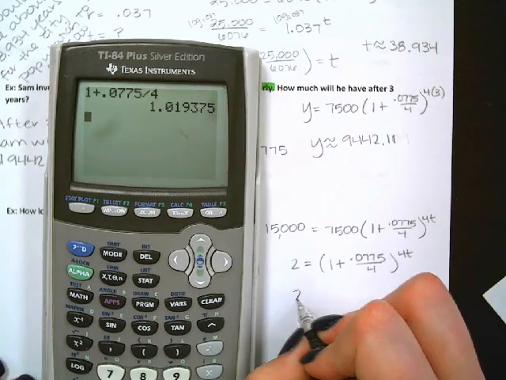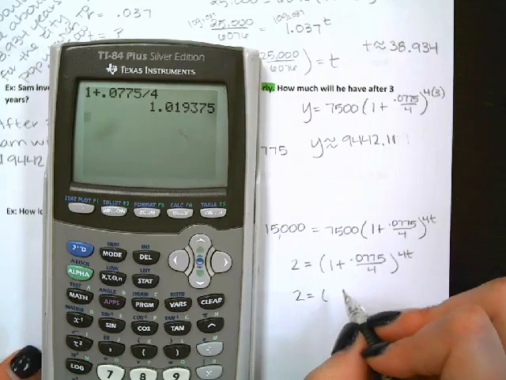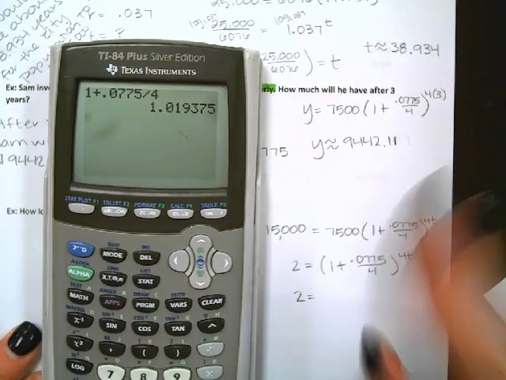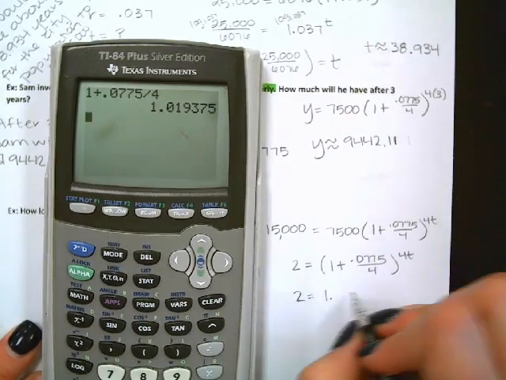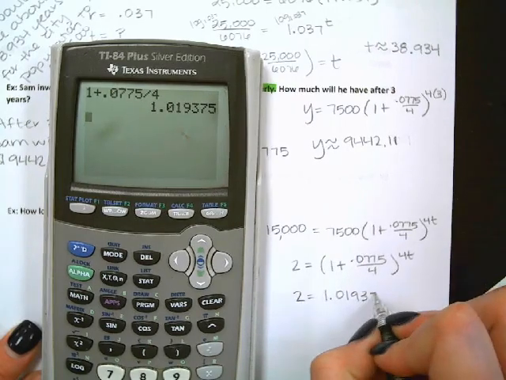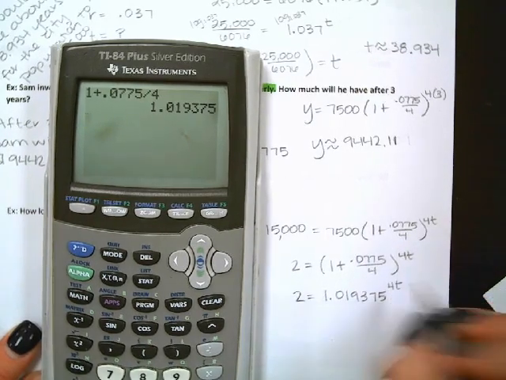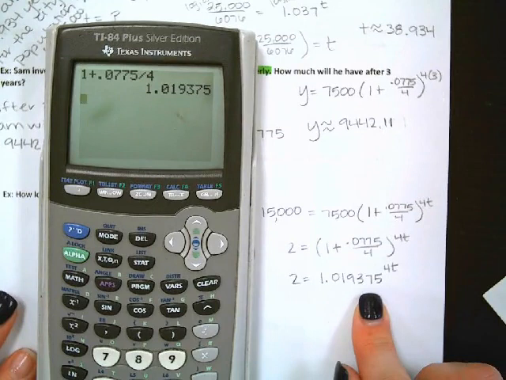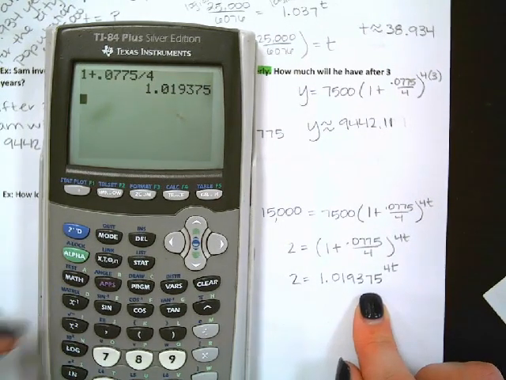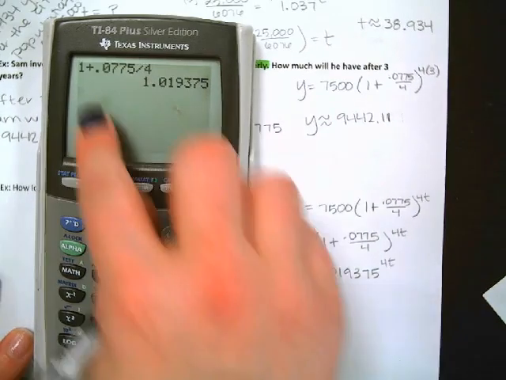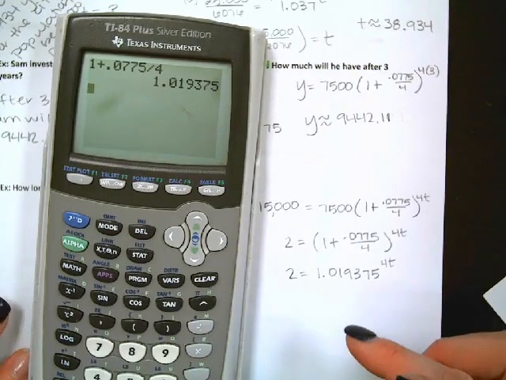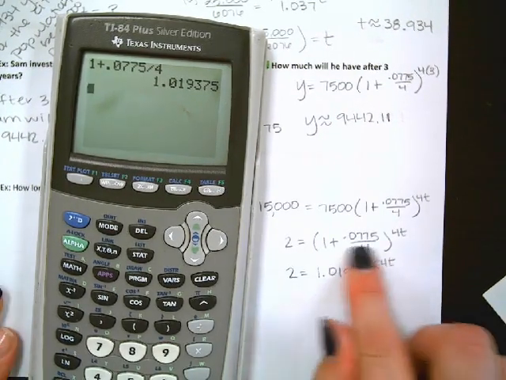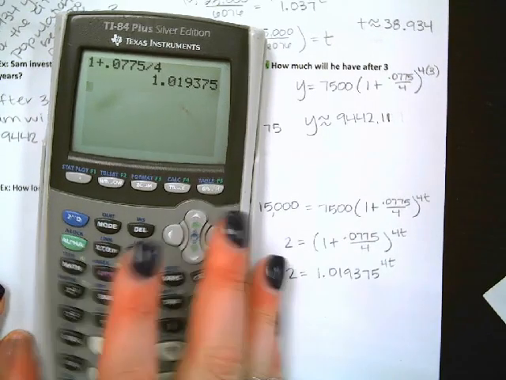There are worse things, I guess. I'm going to go ahead and write it. So I have 1.019375. The only reason I am okay with writing this decimal is because I don't have to round it to write it down. I can actually write down the whole thing. So if you have a decimal that takes up the whole screen, please don't do that. Just make it a fraction or use this version of it, okay?